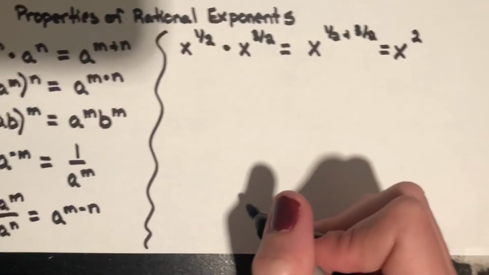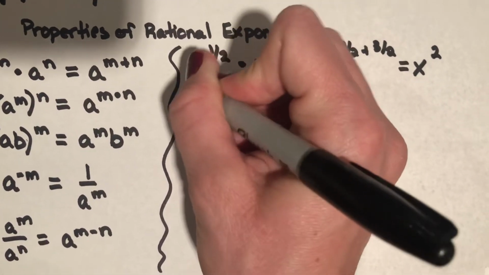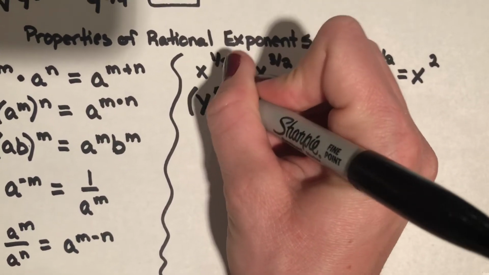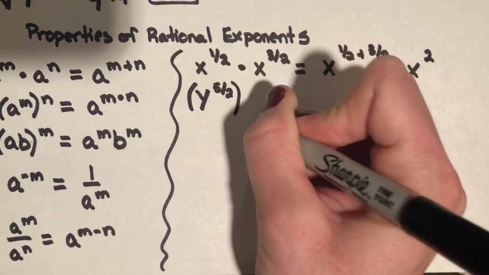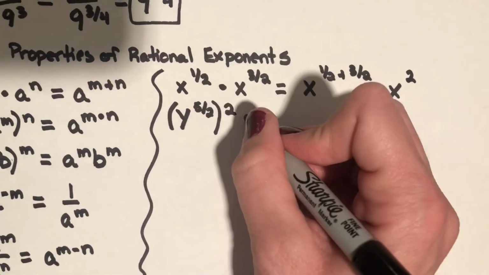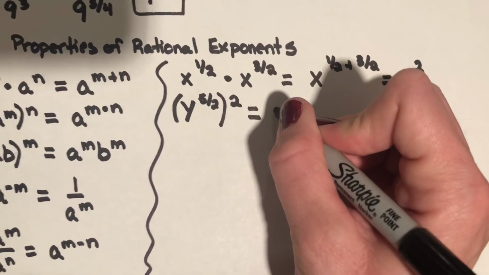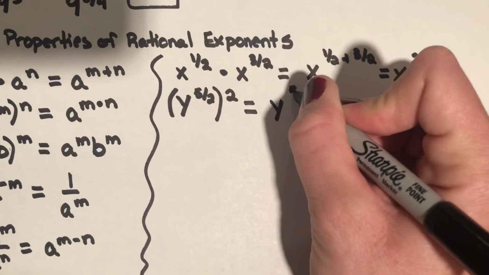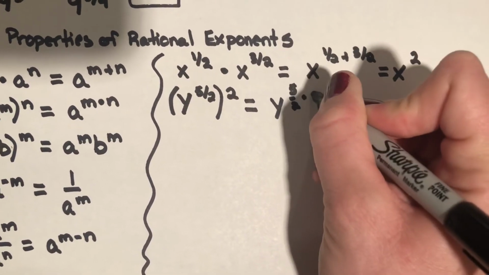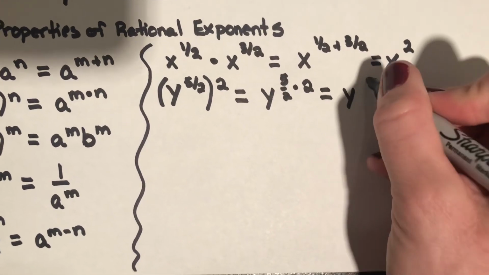All right, our second one, let's go y. If we have y to the 5/2, and we're going to square that, that is the same thing as saying, well, we're going to multiply the exponents together. Y to the 5/2 times 2, which is equal to y to the 5th.